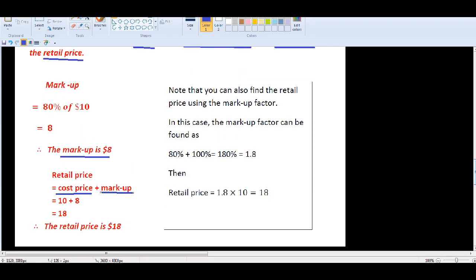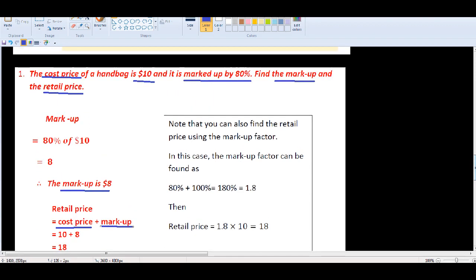The other way, we can find the retail price first and then find the markup. The way is like this. If the price is marked up by 80%, then what we call the markup factor is 80% plus 100%. So 100% is the cost price, and 80% is the increase.